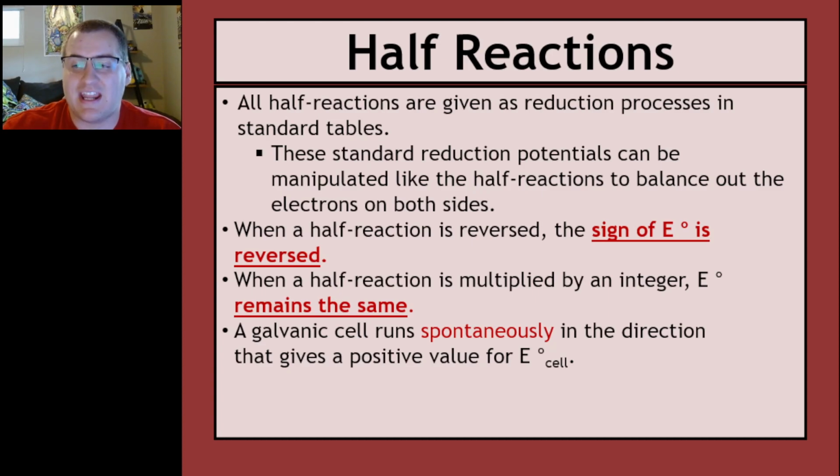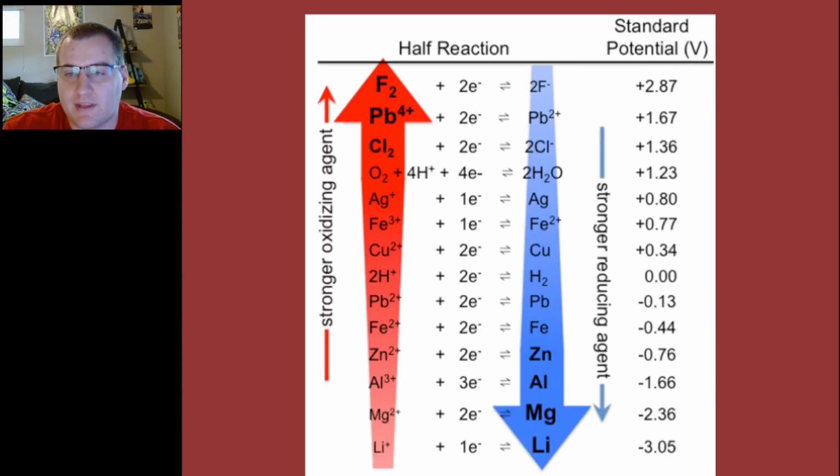If you flipped this reaction backwards, so you started with 2F minus, and you made these two things your products, then you just have the same potential but opposite sign. So if you need to flip any of these reactions around to balance them out, then you just make the sign negative.